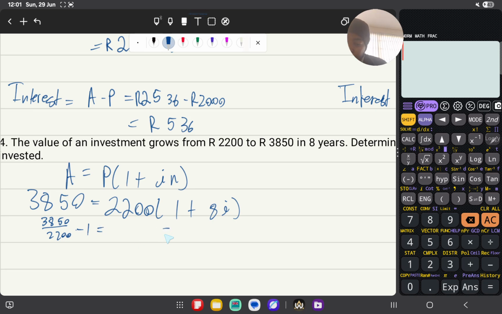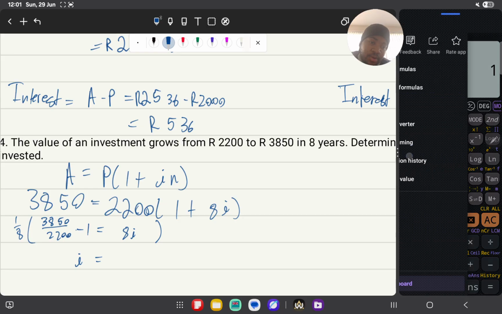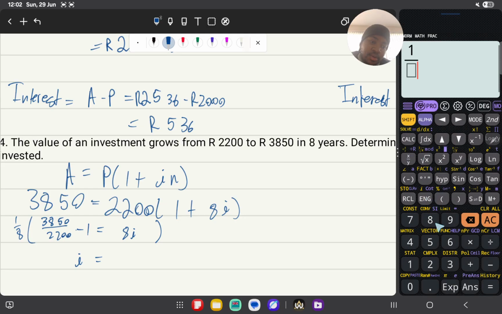And 8i. Then you also realize that we just multiply both sides by 1 over 8. This side, the 1 over 8 divides the 8, and we're left with i. So we have 1 over 8 into 3850 over 2200 minus 1.